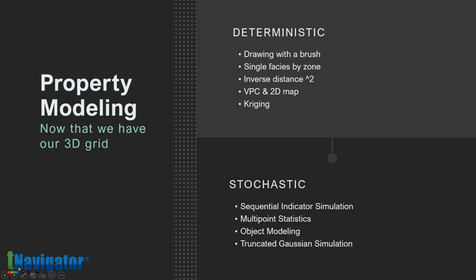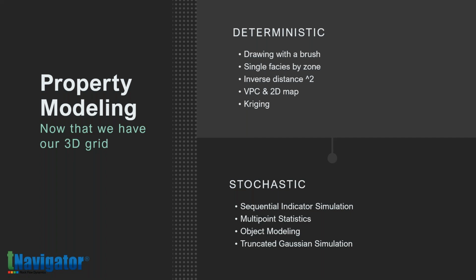Now that we've got our 3D grid and our initial blocked wells, we can get on to the property modeling, which is the result of all this. We can do property modeling in a variety of different ways. There are deterministic methods. Some of them are listed here. We can do basic drawing with a brush, and that can be fun.